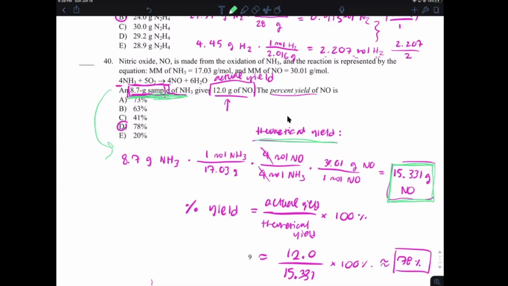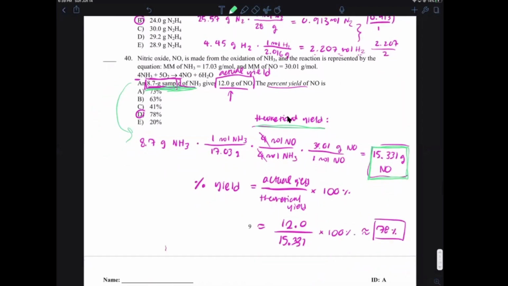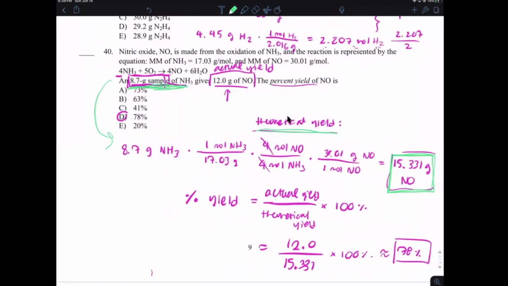Things can get lost along the way, depending on what your setup is like. So it tells us that our actual yield is just 12.0 grams. And that's the difference. Does that make sense? Yep, thank you. No problem.